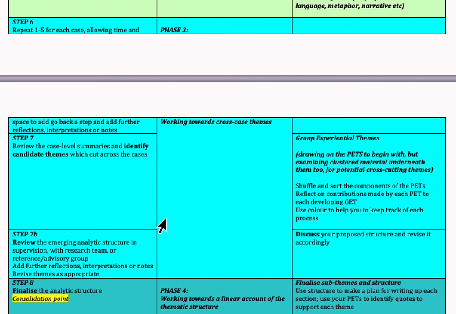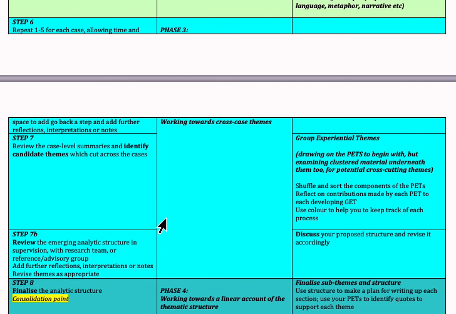So just as with at the person level, at the group level, you're shuffling, you're sorting, you're reflecting, you're introducing further interpretation and conceptualization, and you're trying to think about what goes with what and how best to make sense of it in a way that reflects participants' concerns and the meanings that they attribute to them.